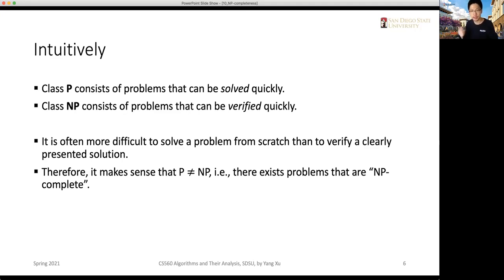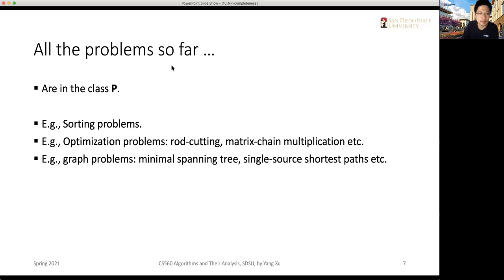But that is still a theoretical guess. If we take a look at any algorithms that have been covered in our course so far, they are actually all in the class P, because the solutions that we come up with all have a polynomial time, or are bounded by a polynomial time function.